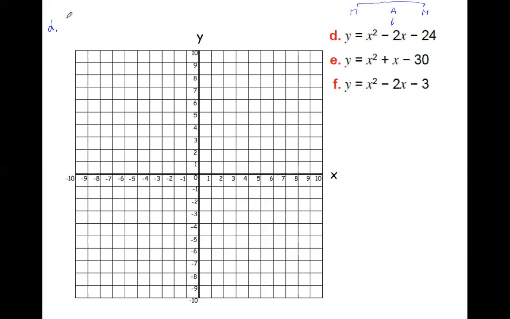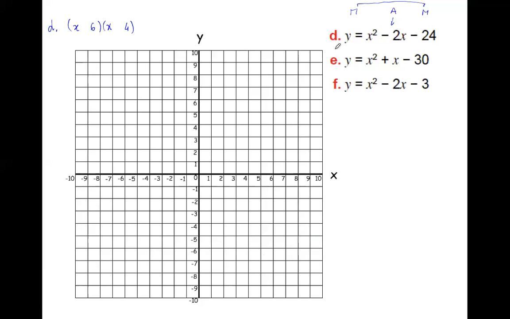So my numbers, I'm going to pick 12. No, not 12 and 2. I need to try 12. No. So what else can I try? 6 and 4. So what if we try 6 and 4? So I'm going to put x and a 6, x and a 4.